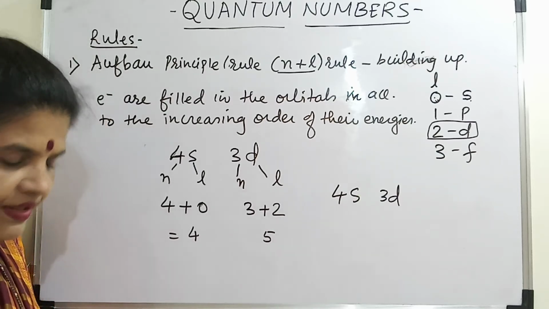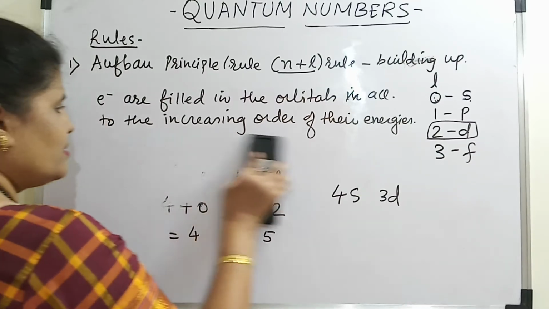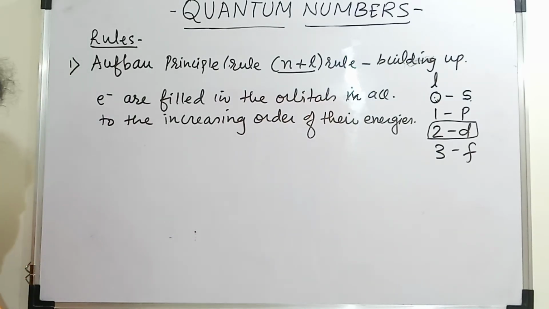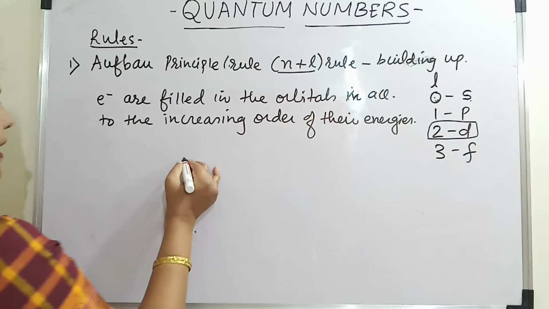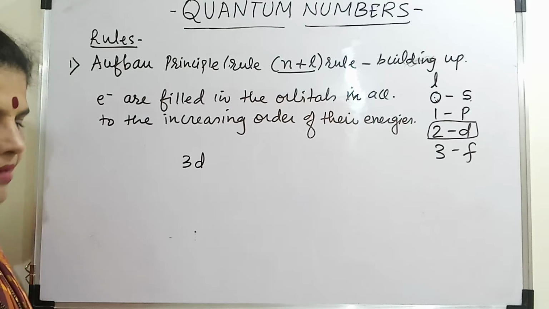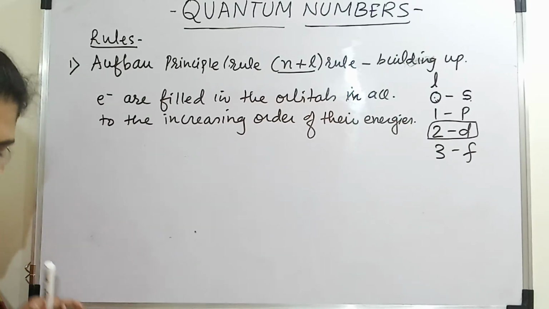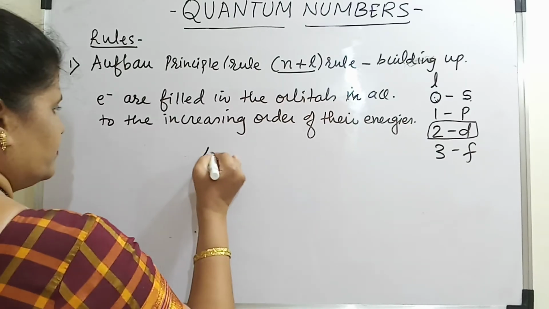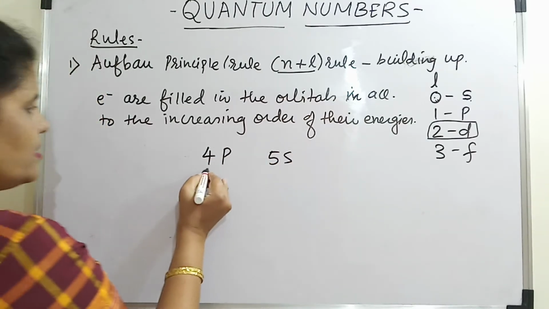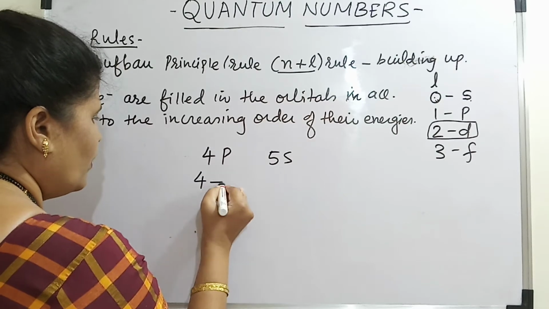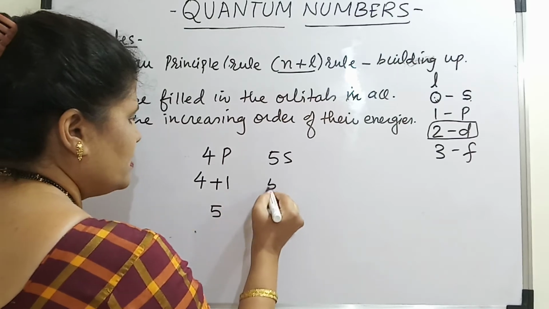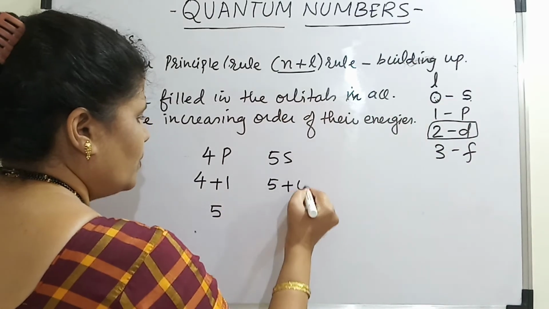Now what happens if the n plus l value comes the same? For example, let us take 4p and 5s. The principal quantum number 4 plus p, which is 1, gives a total of 5. For 5s, 5 plus s, which is 0, also comes to 5.